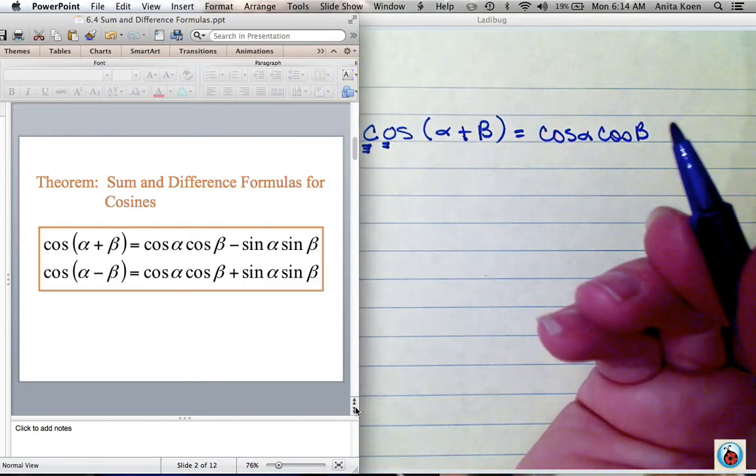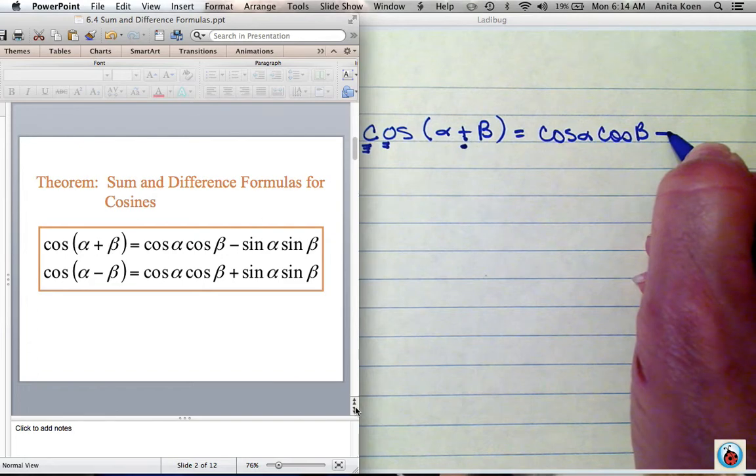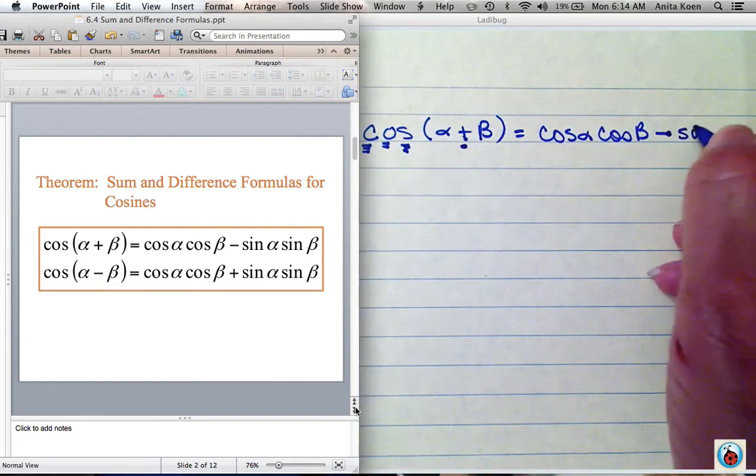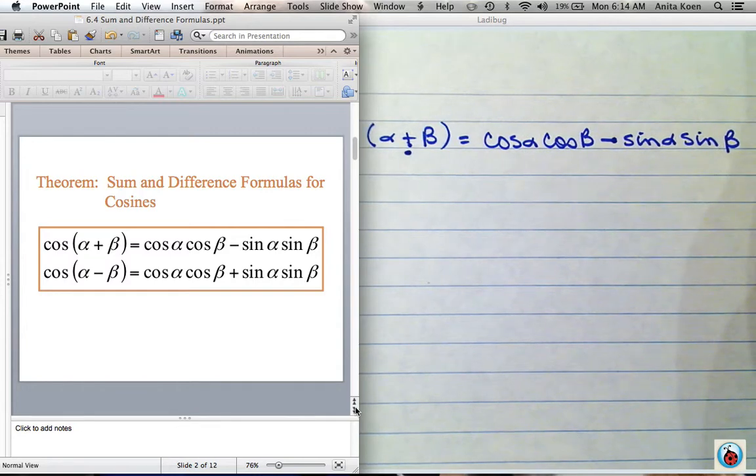O is going to help us to remember that we always take the opposite sign right here, so minus, and S is going to stand for the sine, so we're going to do then the sine of alpha, the sine of beta.